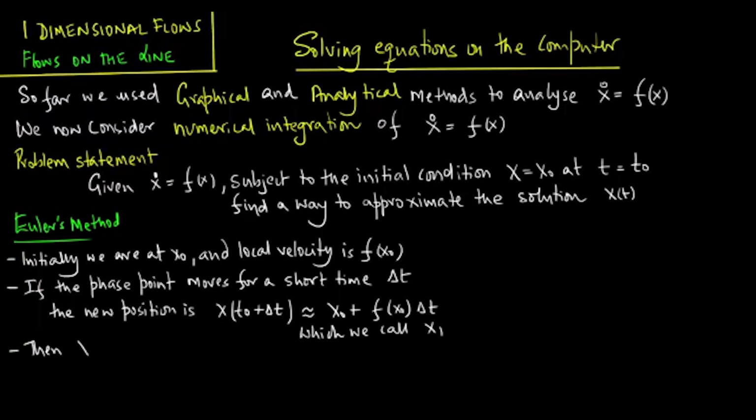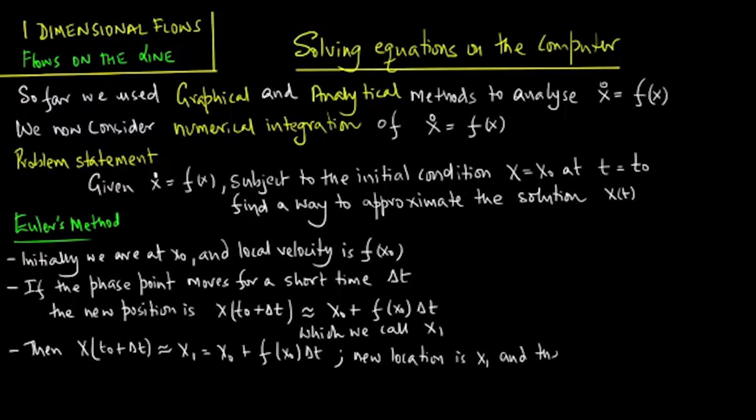So the new location is actually x1, and so the new velocity is f of x1. And so x2 is equal to x1 plus f of x1 times delta t.